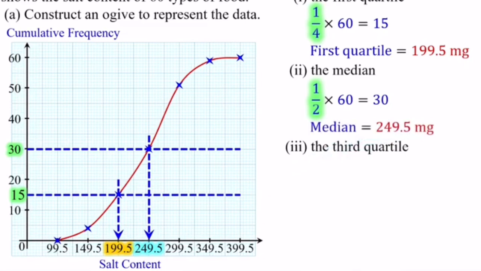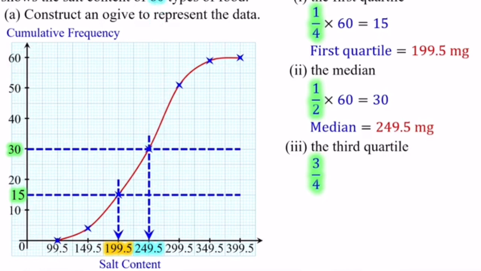Now let's proceed to the third quartile. The third quartile is defined as 3/4 times the total sample space, which is 60. So you take 3/4 times 60, and you will get 45, right?